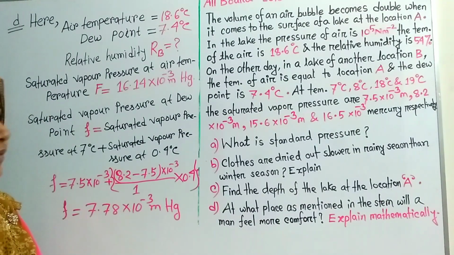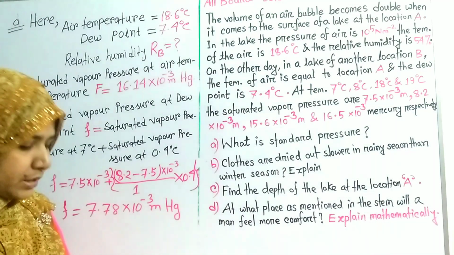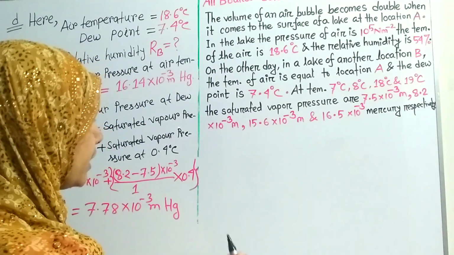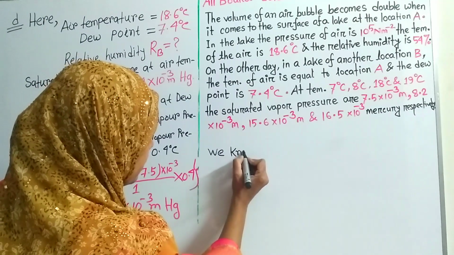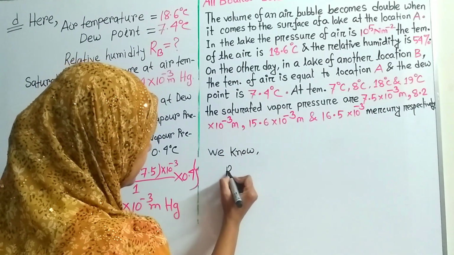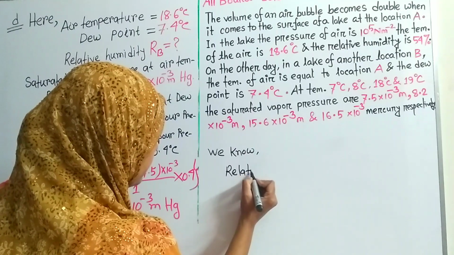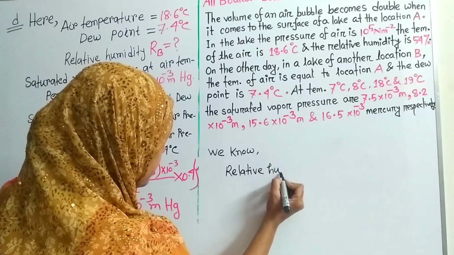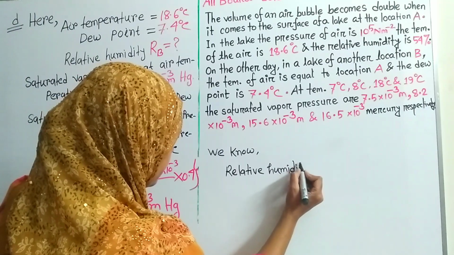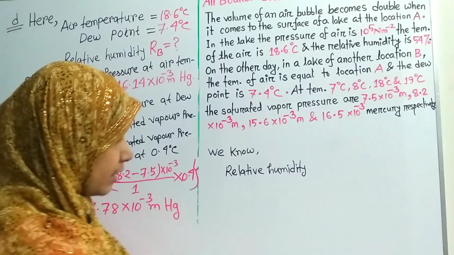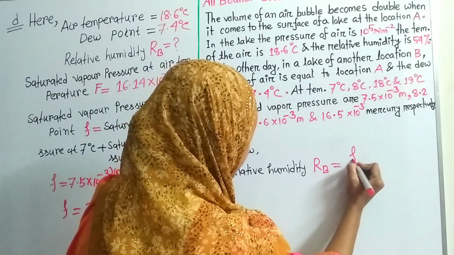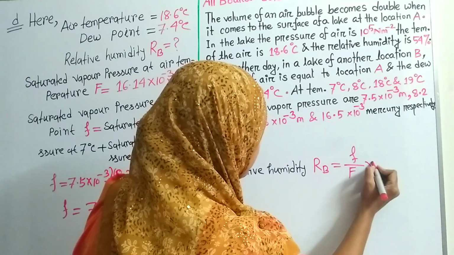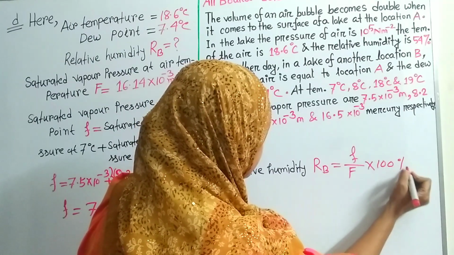Now we have the values of capital F and small f, so we can easily find the relative humidity. We know the formula: RB is equal to small f by capital F into 100%.